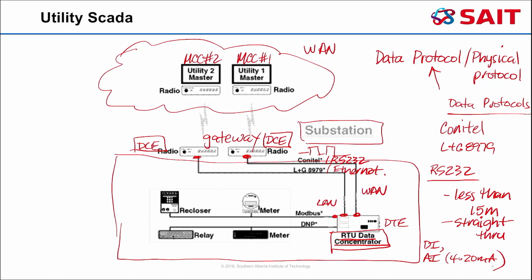So this would be a Modbus connection that we can clearly see is a multi-dropped connection, right? On this multi-dropped connection we can clearly identify that this couldn't be RS-232. RS-232 would mean that it would have to be point to point. We can see this is multi-drop, so this would undoubtedly have to be a multi-dropped physical protocol.